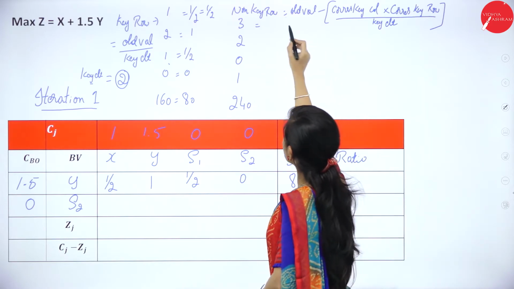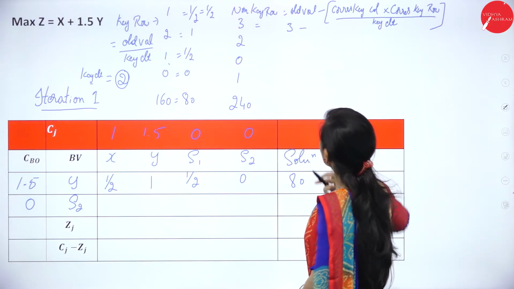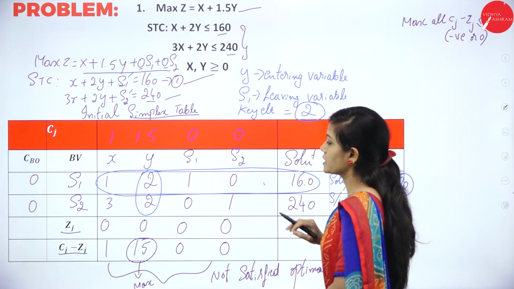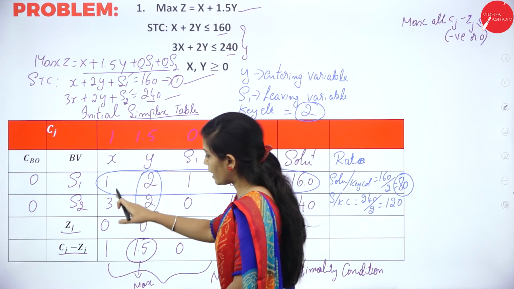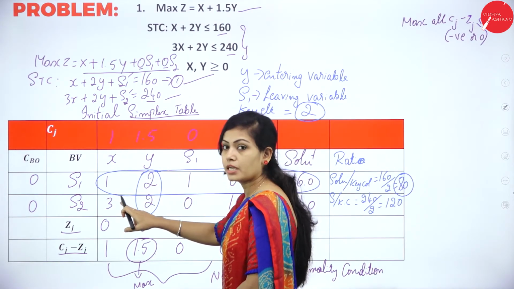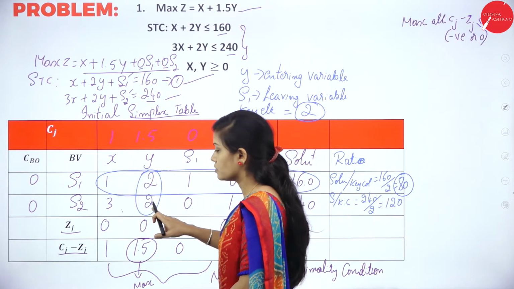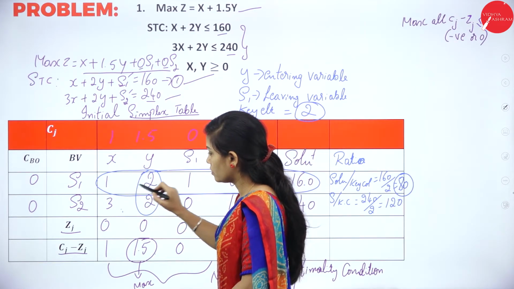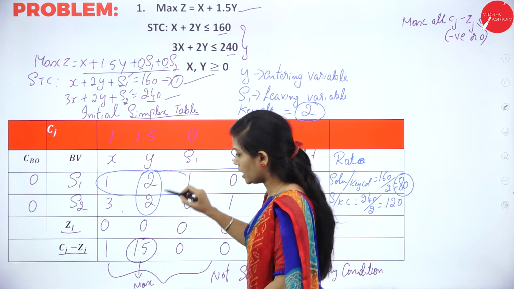So old value is 3 minus corresponding key column into corresponding key row. So old value is 3 and the corresponding key column is 2. This is the key row and this is the key column, right?